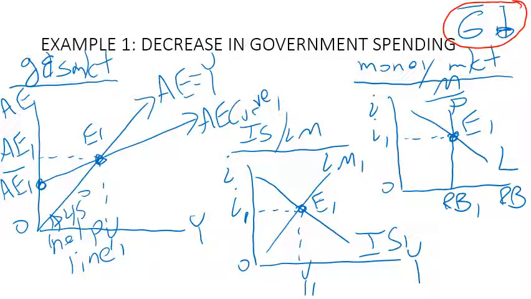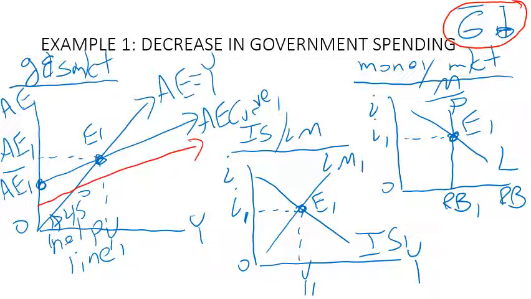So this decrease in autonomous government spending will definitely affect the AE curve. Will it be a parallel or a non-parallel shift? It will definitely be a parallel shift down of the AE curve, and it would look like this.